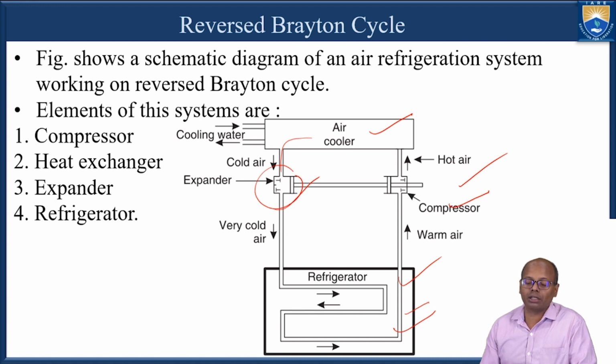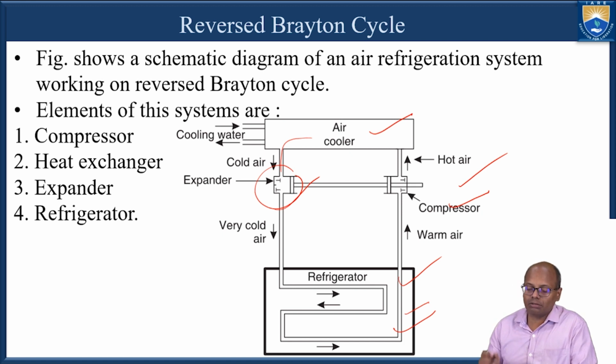Here the entire discussion is on the refrigeration process and how the refrigeration effect is obtained with different cycles. The first cycle is the reversed Carnot cycle, which is an ideal cycle and not practical. The second one is the vapor compression cycle, and the third one is the reversed Brayton cycle that we are discussing now.